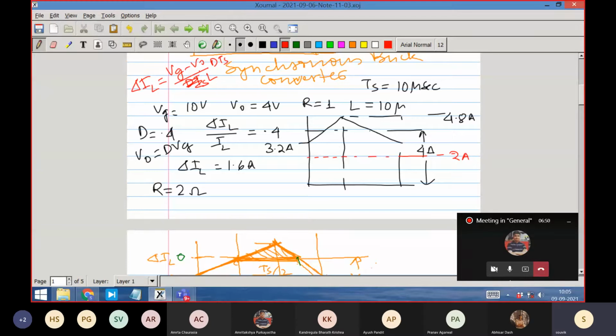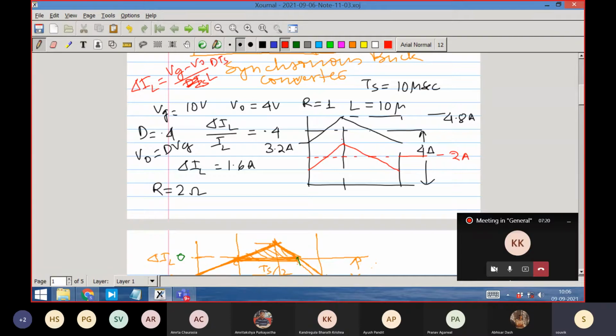It is a component of the circuit, and dTs remains unchanged. So delta IL cannot change. Even though the load resistance has changed, and therefore the output current and the inductor's average current have changed, the delta IL has not changed. So how will the current waveform look? The current waveform will look like this.